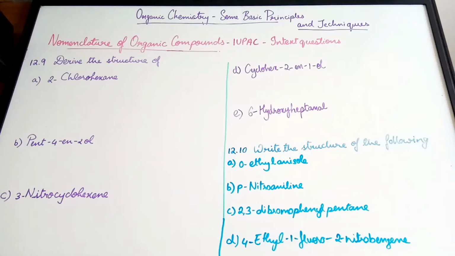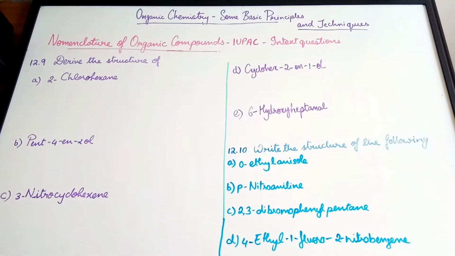Let's continue with the in-text questions, or rather answering the in-text questions. We need to derive the structure of the compounds from the given IUPAC names. The way I would prefer is, first we know that the compound will consist of a prefix, a word root, as well as a suffix.